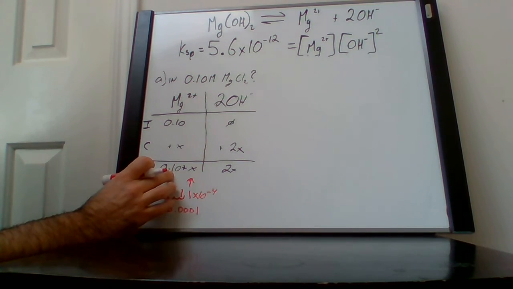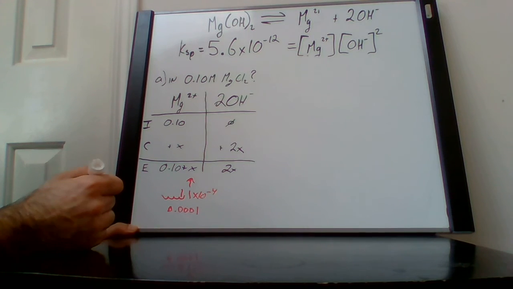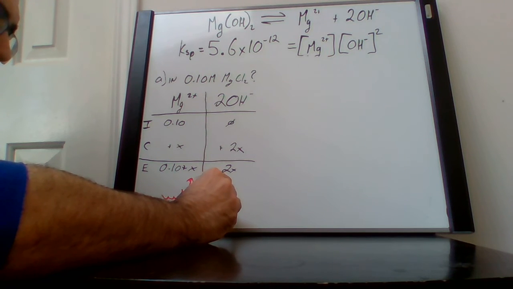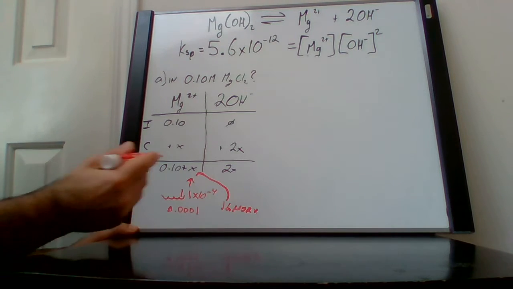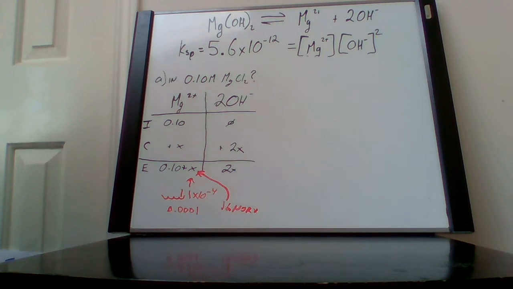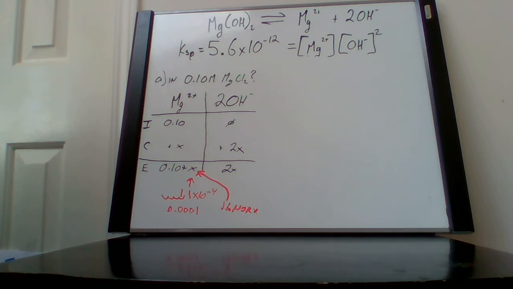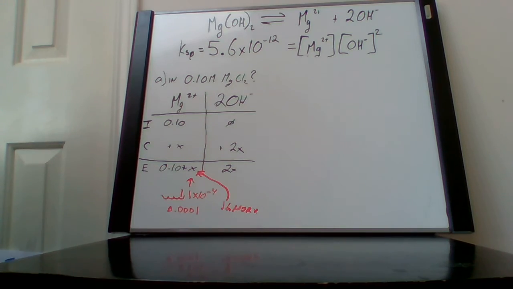Based on this value and our two sig figs, we're 1,000 times lower than the initial concentration. Because of that, we're going to ignore this X when we do our new Ksp calculation. I've said before that we don't do quadratics, and this is how we can avoid the quadratic formula in these situations. This value is going to be so small that we get to ignore it.